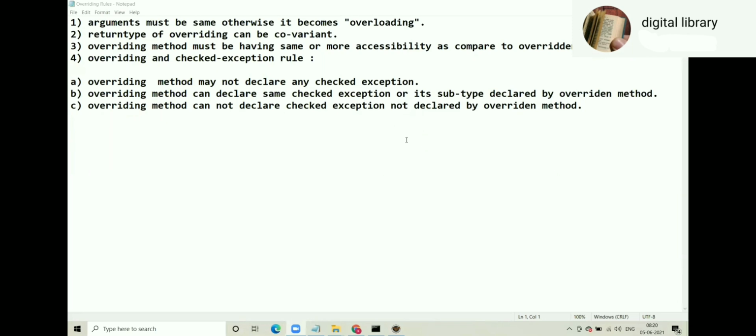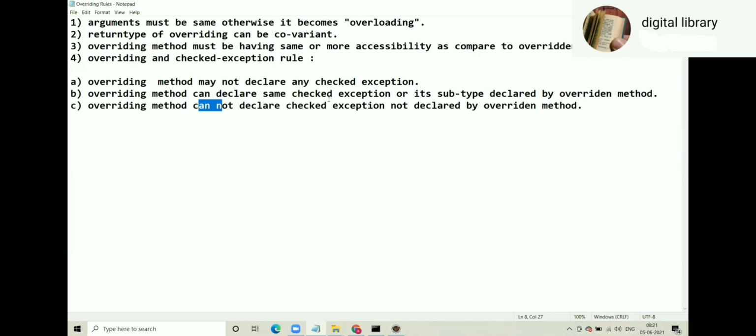Okay. So overriding method. Before we start, let me tell you all these ABC points. Wherever may not is written, wherever can, wherever cannot, you have to maintain these words. You should not manipulate these words.